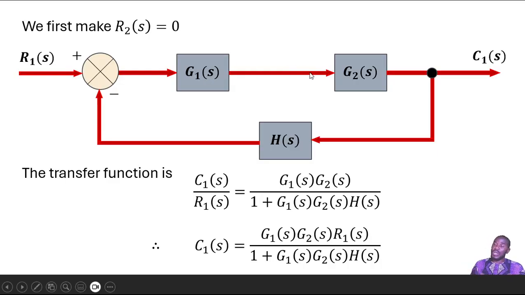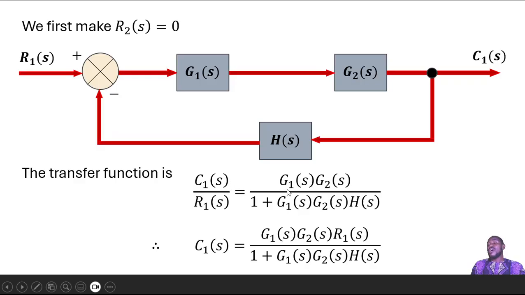When we come to block diagram reduction rules, we look at all of that. So you see us now combining these two blocks into one unit, and we do that by multiplying G1 of S and G2 of S. Okay, so that's my forward loop transfer function up there.